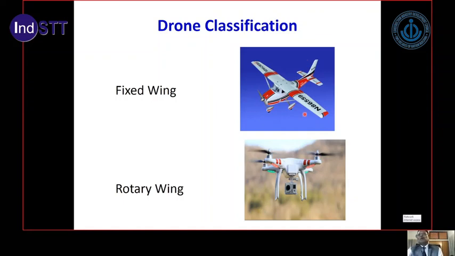A fixed wing is always moving. It cannot be stationary at a point because it requires thrust while it is moving. But a rotatory wing can be stationary at a point because the thrust is generated by the wings itself. So that means this can be used for surveillance, monitoring one area continuously for a long time.